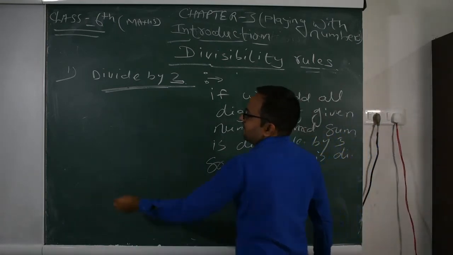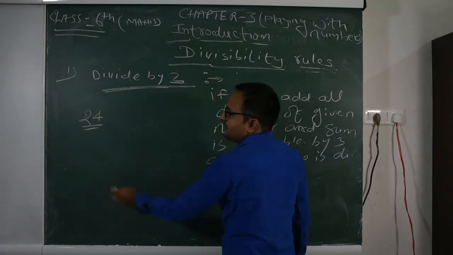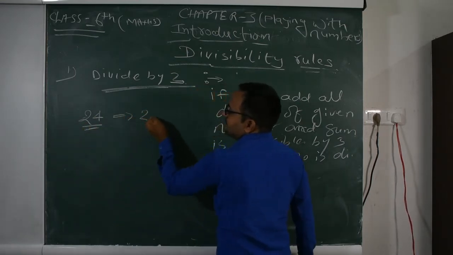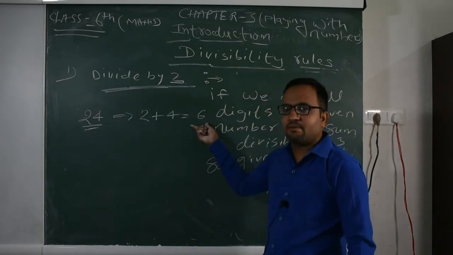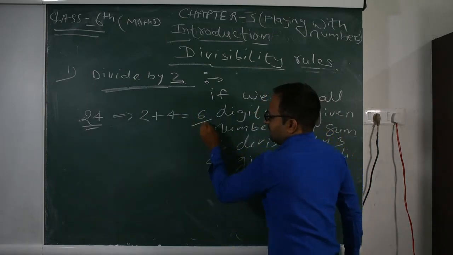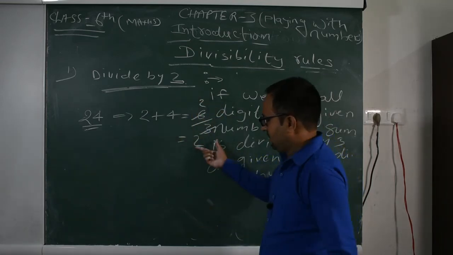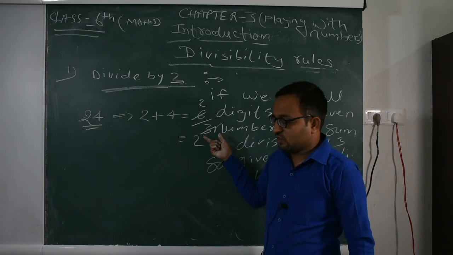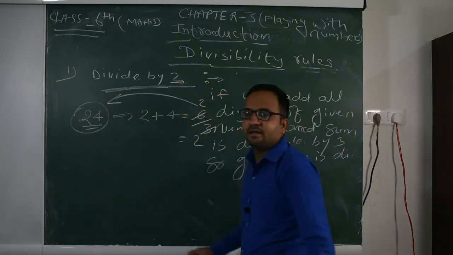For this we take the example 24. We add all the digits: 2 plus 4 is 6. Is 6 divisible by 3? 3 twos are 6. Okay, so 6 is divisible by 3, so we also call 24 divisible by 3.